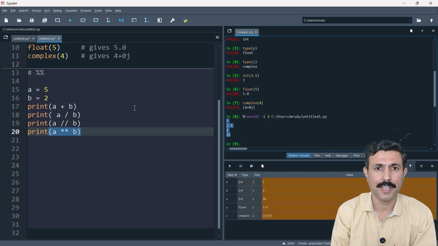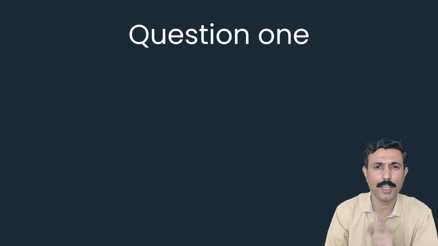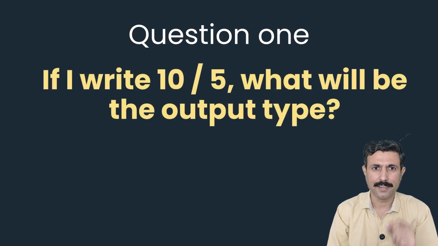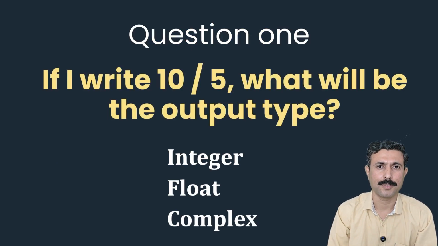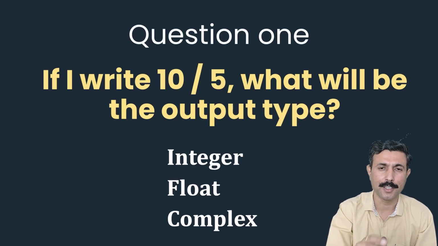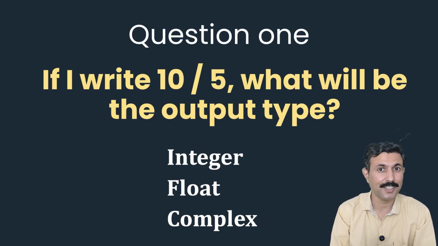Now it's time to check your understanding. Have you watched this video properly or not? For that, I have a quick question for you. If I write 10 divided by 5, what will be the output? Think over it and then write your output in the comment section. We have just studied this.